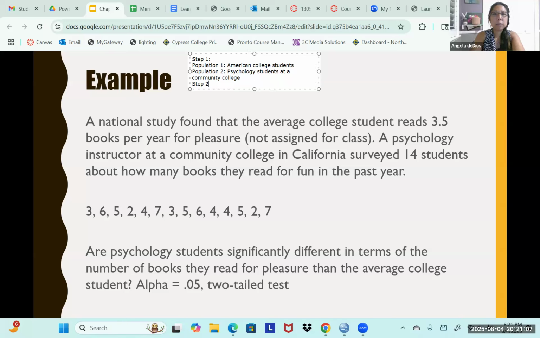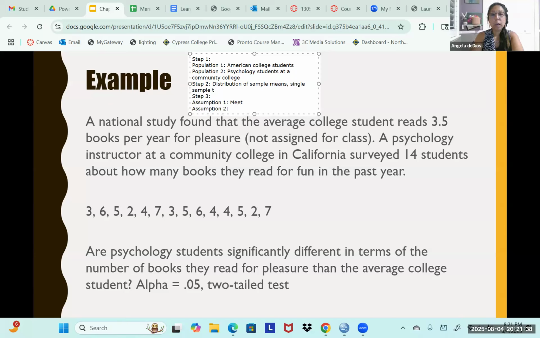All right, step 2, we're going to use a distribution of sample means. And we're going to use a single sample t-test because we don't have the population standard deviation. Step 3, we want to look at those assumptions. So assumption 1, number of books read for pleasure, that is a ratio scale. So we meet that one.